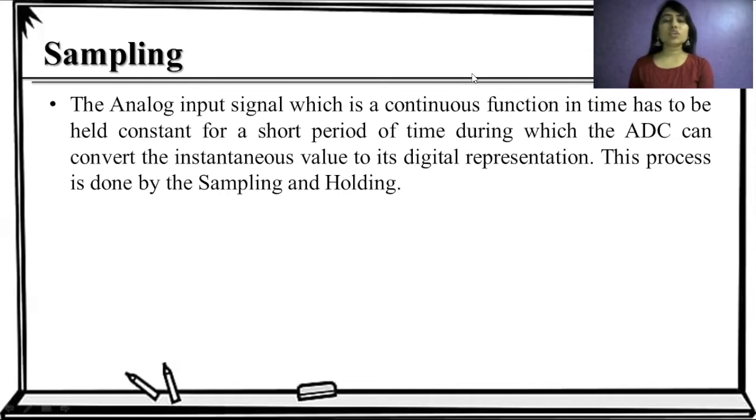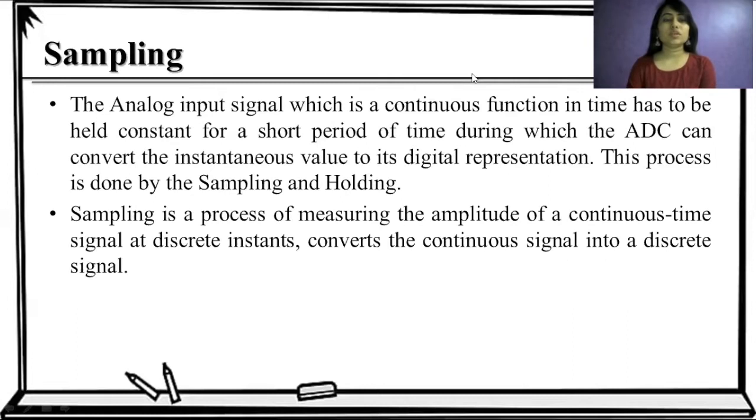As we know, analog is basically a continuous value, and for digital form we have to convert this continuous value into a finite, or discrete, value. So using this sampling and holding function we can convert it. That means we take a sample, and using this sampled value we can convert the continuous value into a discrete value.